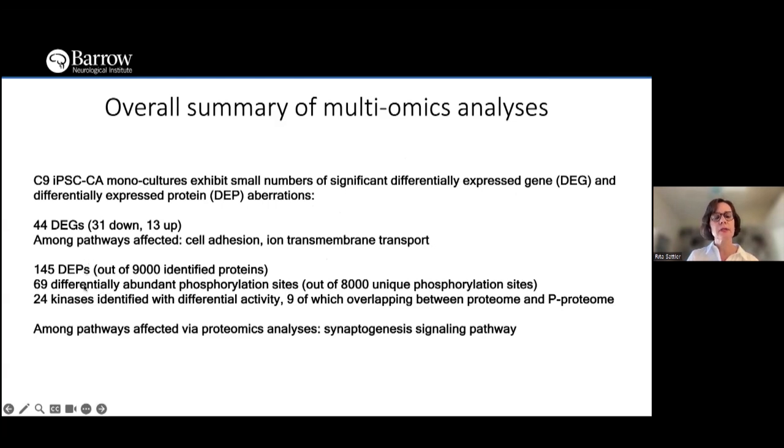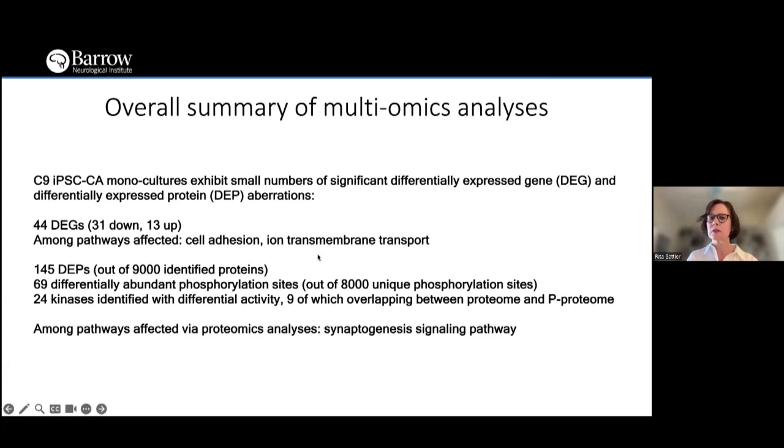She also found significant numbers of differentially expressed proteins out of the 9,000 proteins that we were able to identify using mass spec analyses. And in addition, we also looked at phosphorylation, and we looked at phosphoproteins, and she found out of 8,000 unique phosphorylation sites that we identified in the data set, that 69 of those were abundantly phosphorylated.